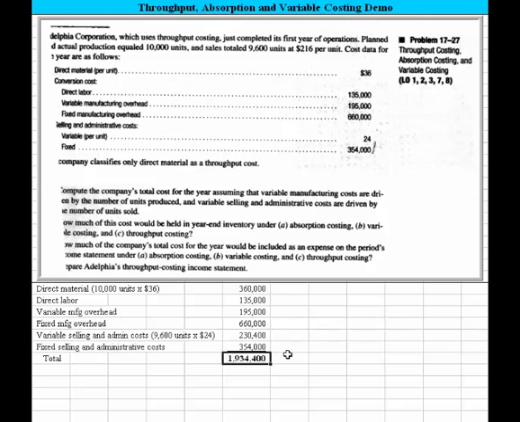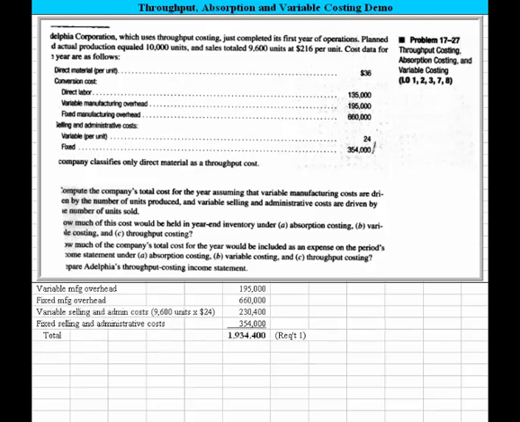So that's the answer to part one. Let me write that as requirement one. I know you can't see that on the screen because it got cut off. That's okay. Now let's slide up a little bit and we can work on part two.